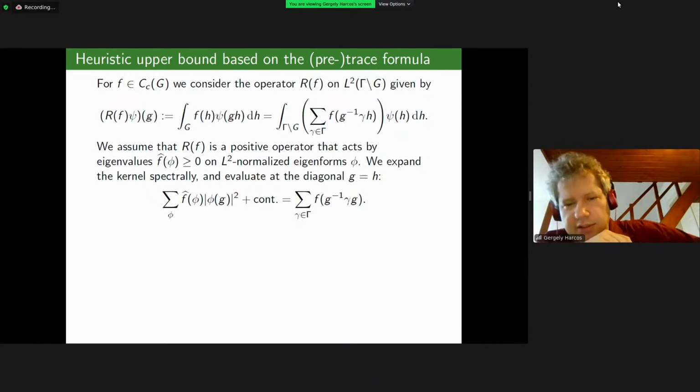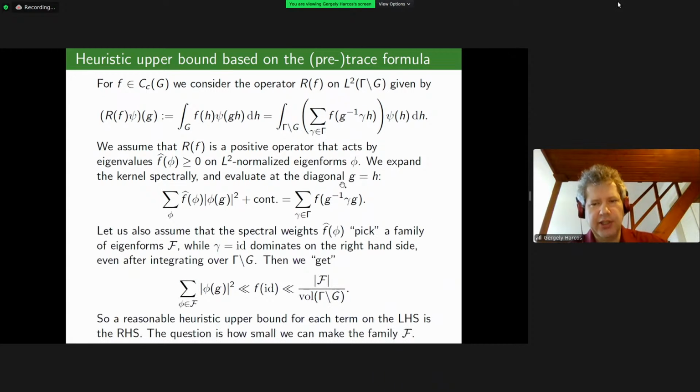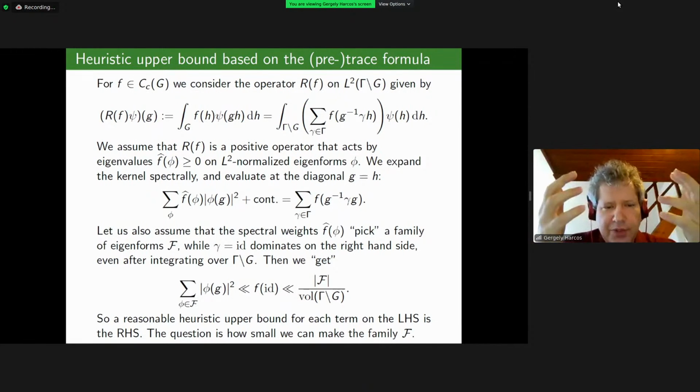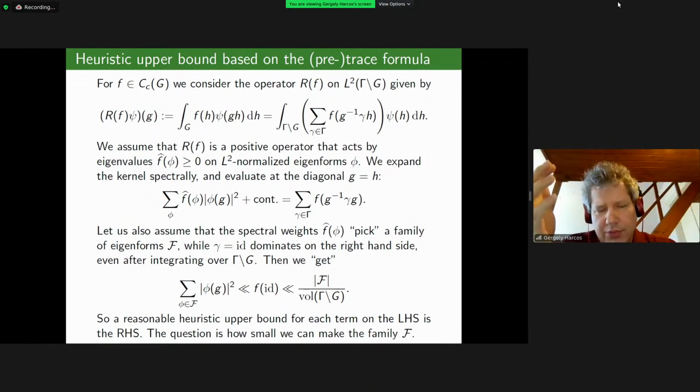On the right-hand side, the integrals become orbital integrals, and on the left-hand side, the absolute values of phi of g squared integrate to 1. And now let's assume for this heuristic that the spectral weights kind of pick a family of eigenforms, script F. So think of these weights as being the indicator function of a family, although that is very hard to achieve.